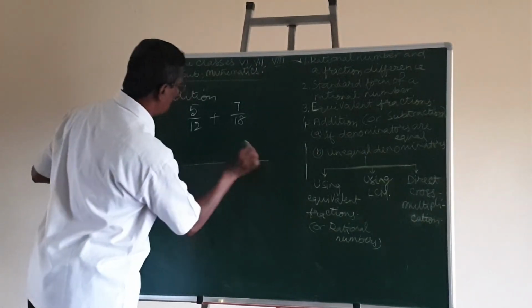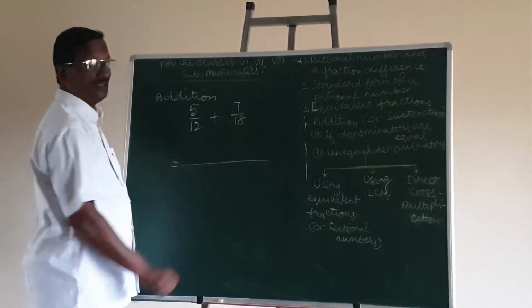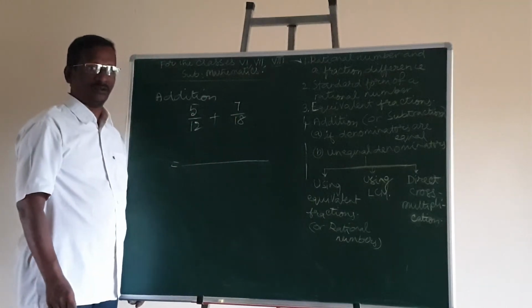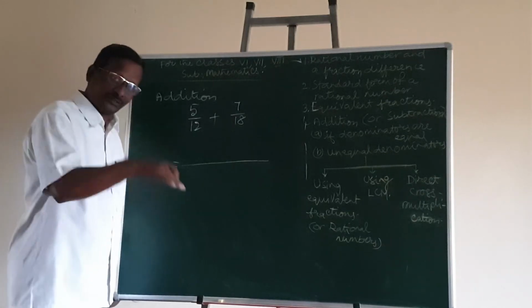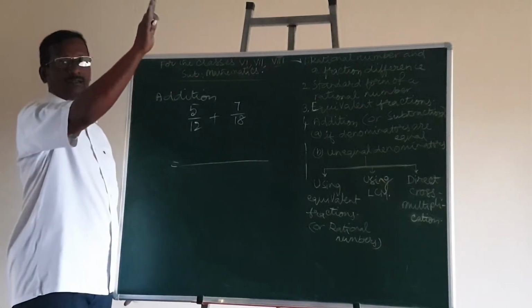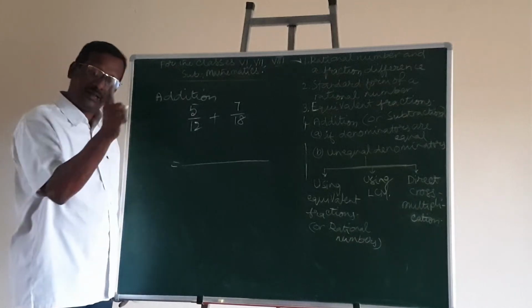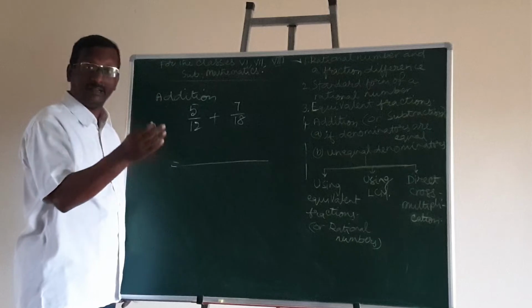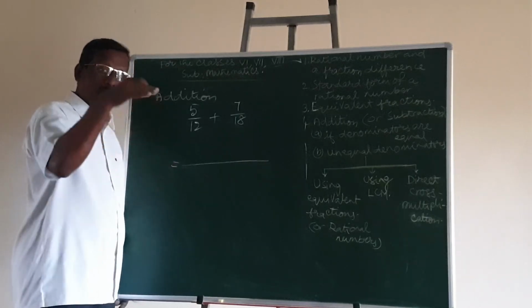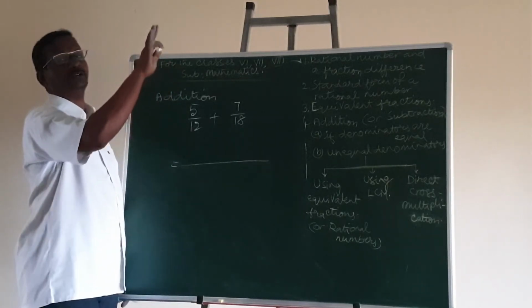If you want to find 5 by 12 plus 7 by 18, this is the simple cross multiplication method. It's like going uphill: directly climbing the hill is different from going down into the valley and then climbing from the valley to the hill.